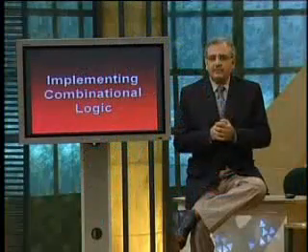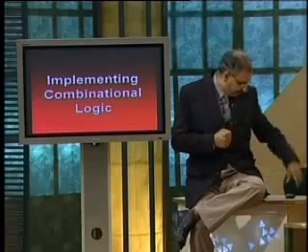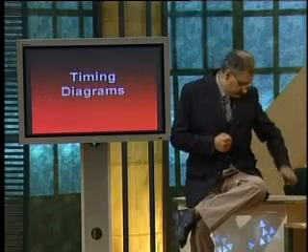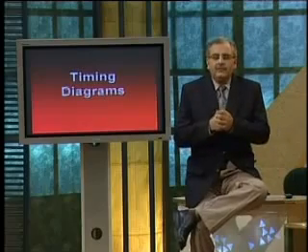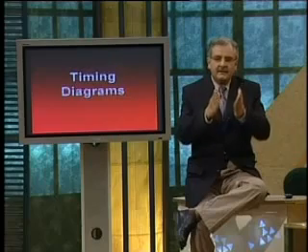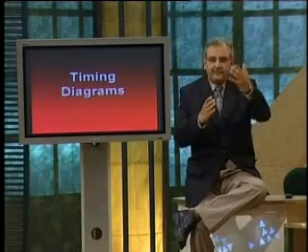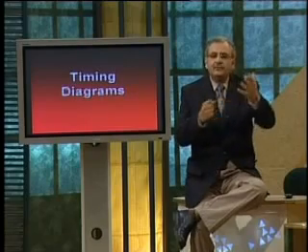We have just looked at the timing diagram of the adjacent ones detector circuit. As you saw, we can represent all the inputs and the output and the outputs of different gates within the circuit through a timing diagram.